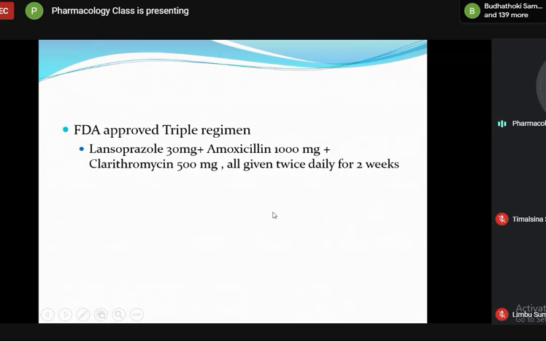There are other triple regimens also. Instead of lansoprazole, some also use omeprazole or pantoprazole. And for patients who are sensitive to amoxicillin or clarithromycin, they can go with metronidazole and other antimicrobial drugs.